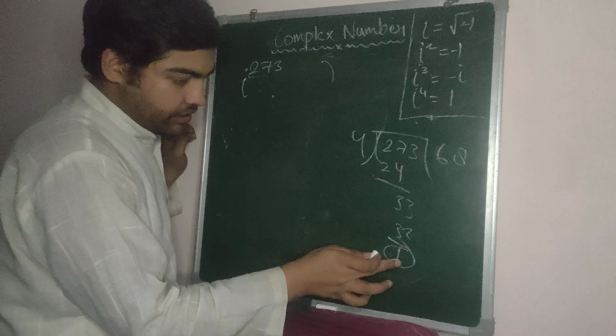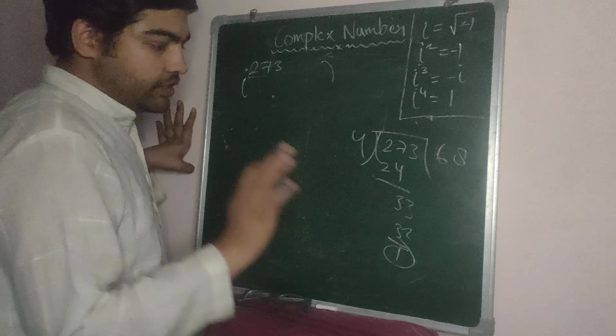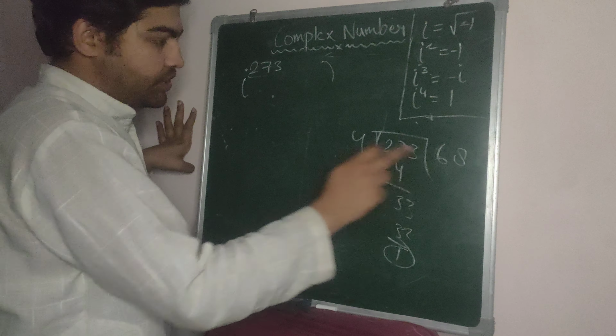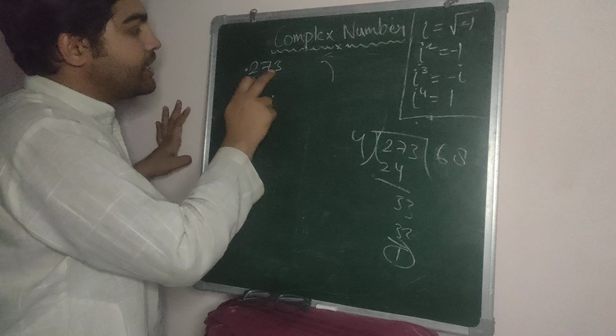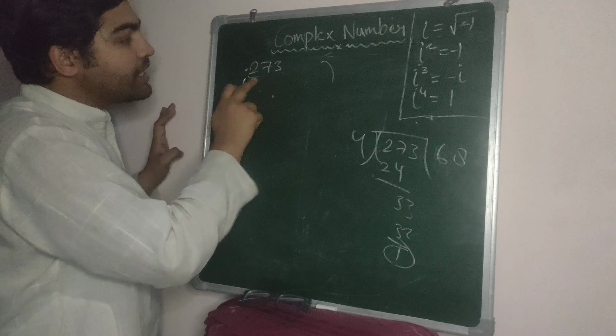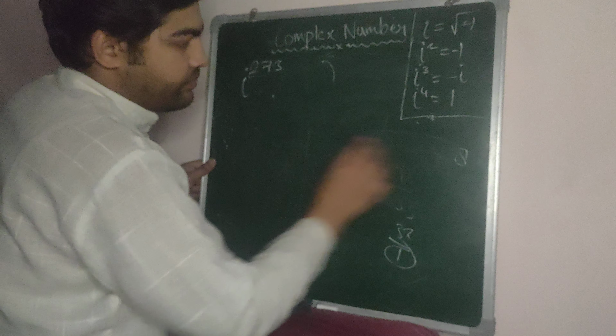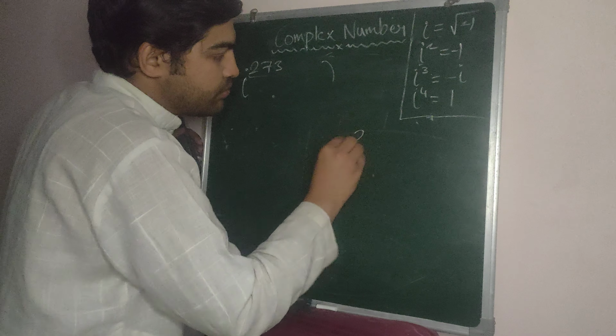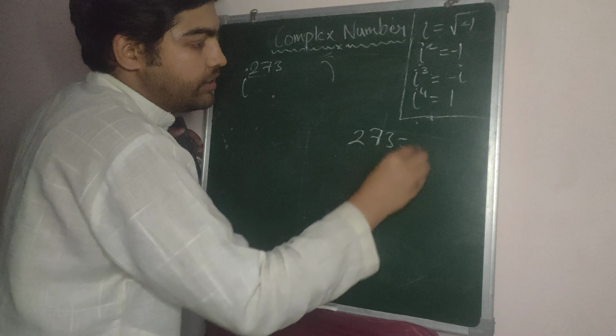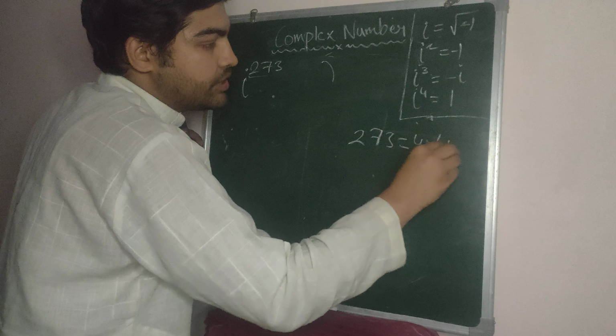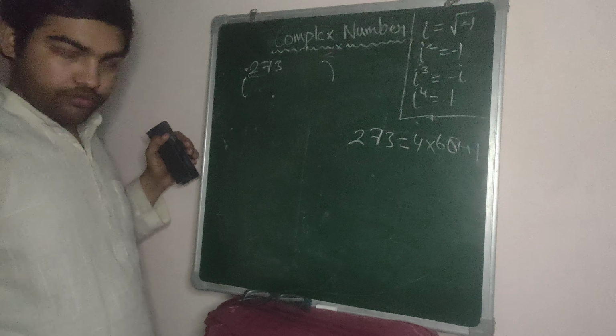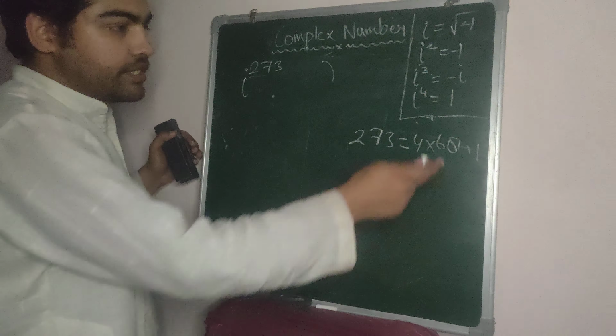So 68 fours are 272, because 1 is the remainder. We can break this 273 as 4 into 68 plus 1, because 1 is the remainder, 68 is the quotient, 4 is the divisor, and 273 is the dividend. So 273 should be written as 4 into 68 plus 1.